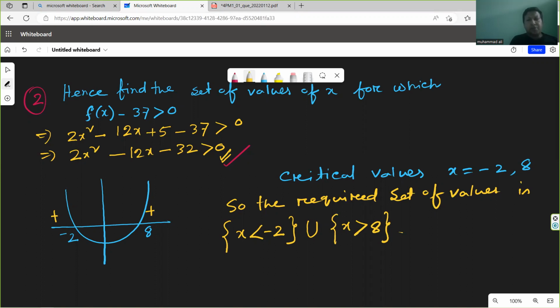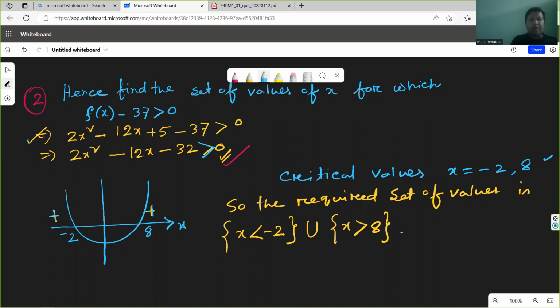Okay, so I think everybody understands this maths. In the first part of this maths we used completing square, and in the second part we factorized and solved this equation. From here we found the critical values, and a very important thing is where the curve is positive, that is, y is positive above the x-axis; this region and that region are positive.